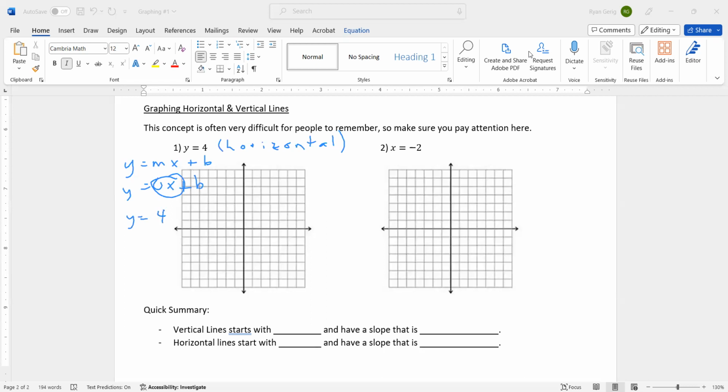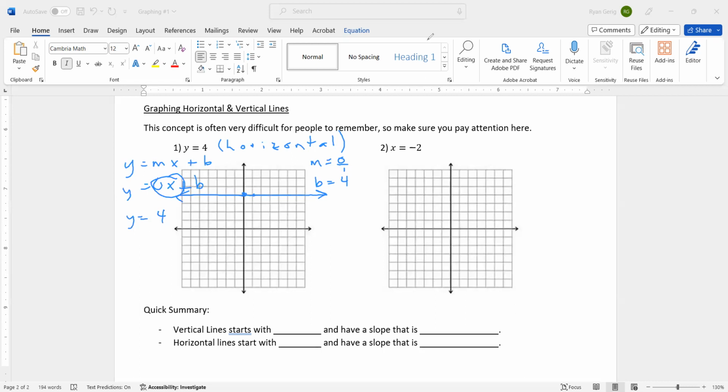So the y-intercept is 4. I'm going to put a dot there. The slope is 0. I'll do 0 over 1 to make it a fraction. So up 0, right 1. And look what we just created. A horizontal line where every point on that horizontal line has a y coordinate of 4.